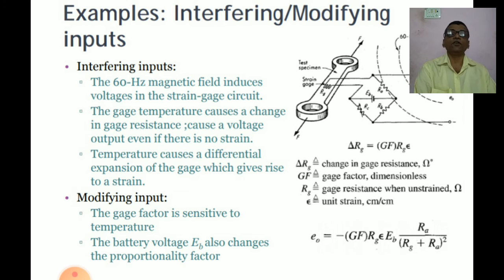So that is an example of an interfering input. Modifying input: some proportionality factor, which you can see on the right hand side, that we have to introduce for modifying the output, or to change the input-output relationship due to the desired input and interfering inputs. So the gauge factor is sensitive to the temperature. The battery voltage also changes the proportionality factor.